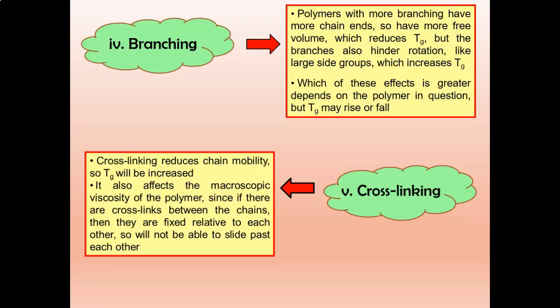Because a compact branch side group generally leads to a stiffening of the polymer chain and creates an increase in the melting temperature because of the effect that has been explained before.